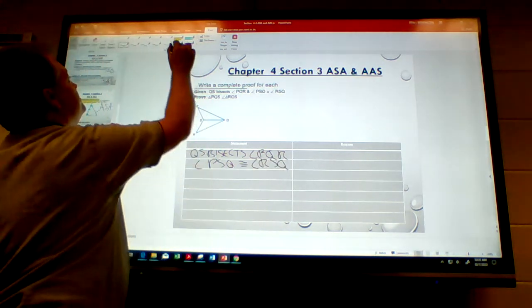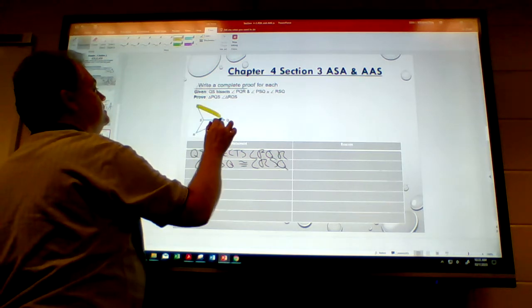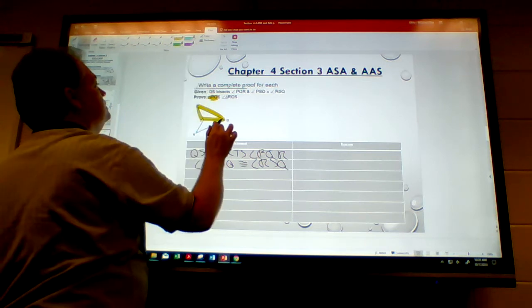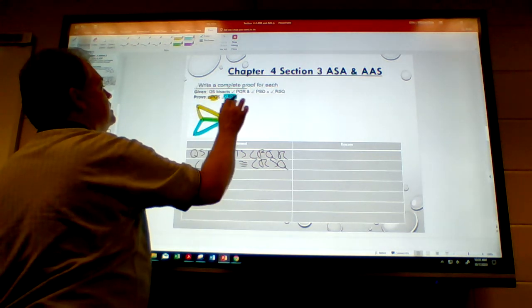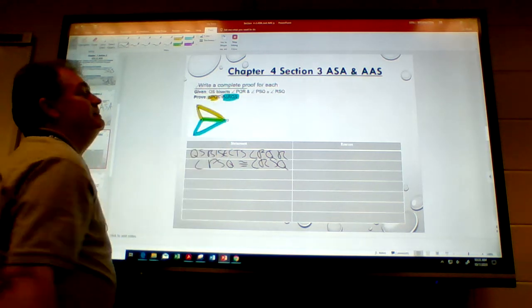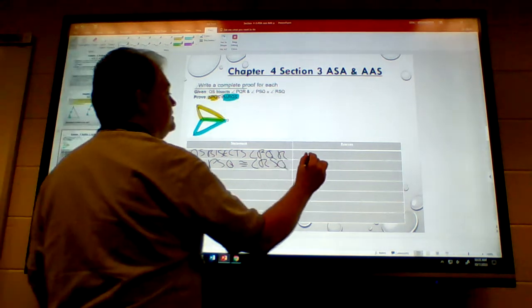Okay, and remember, I'm trying to prove that triangle PQS, which is the triangle in yellow, and triangle RQS are congruent. There's supposed to be a congruent symbol in between there, so I'll just throw that in the middle. And that is my given.